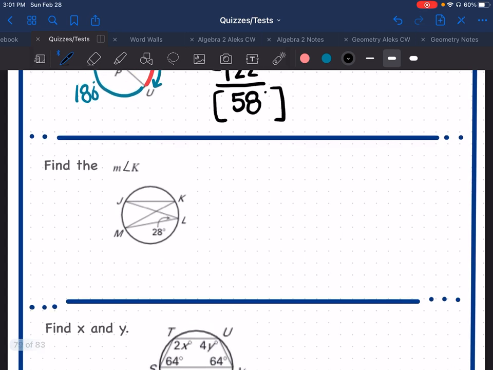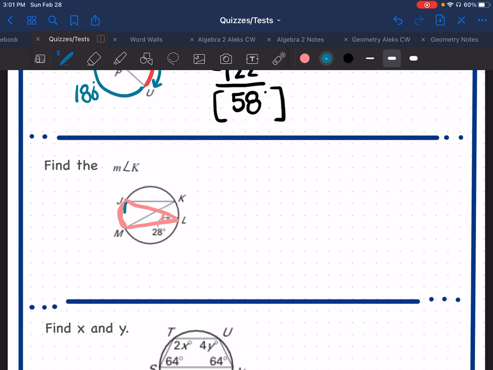All right, let's take a look at this next question. I remember seeing something like this, and I'm thinking that all I have to do is make this angle with its chords. There it is. And I need to focus on this arc because I remember a theorem that said if there were two angles that intercept the same arc, then the angles are congruent.